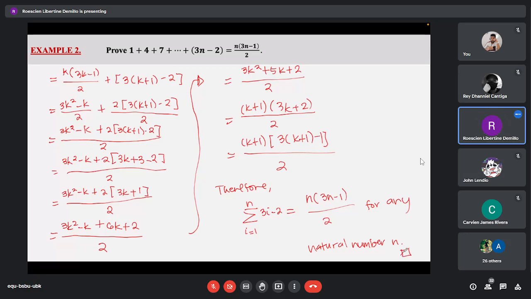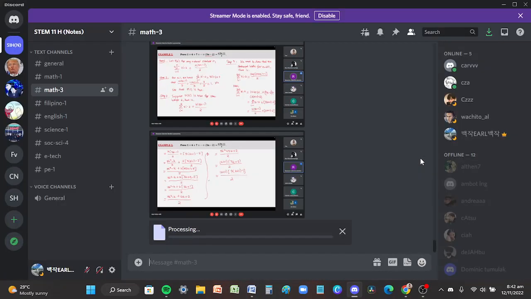End of proof. Okay, that is the proof for this formula.